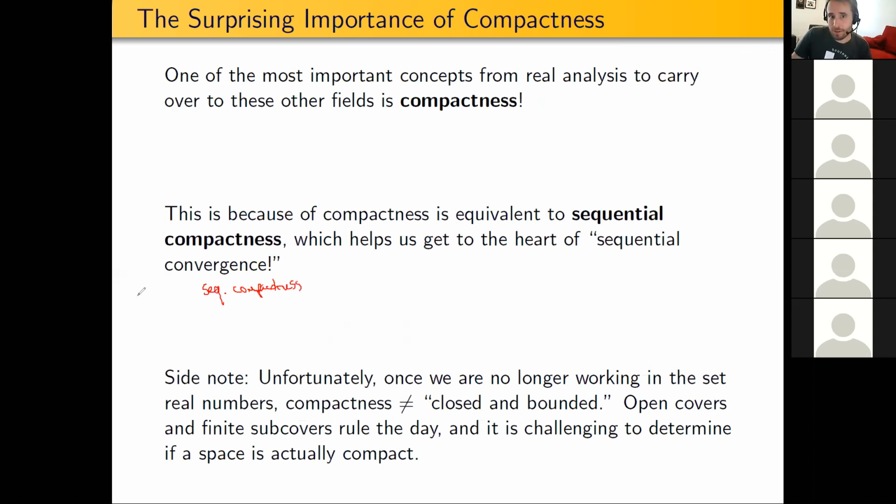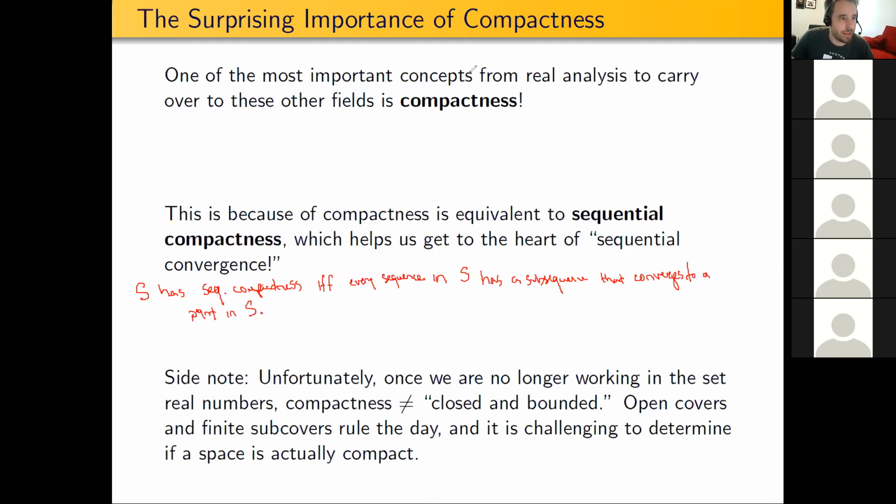We said a set or an abstract space, S, is sequentially compact if, and only if, every sequence in S has a subsequence that converges to a point in S, right?